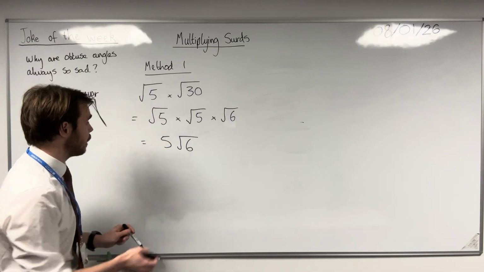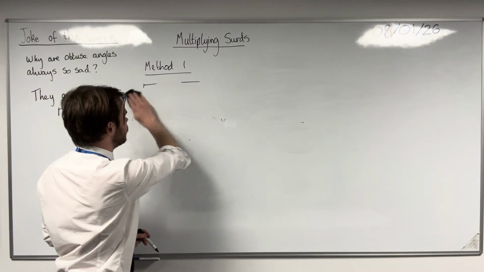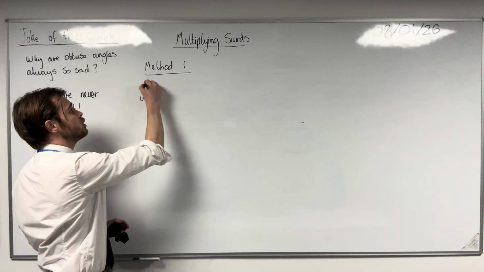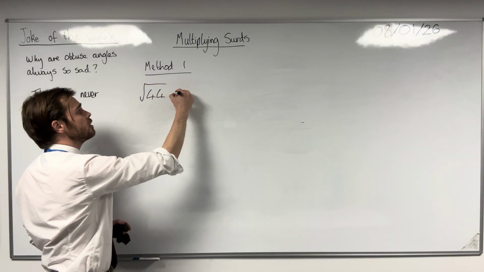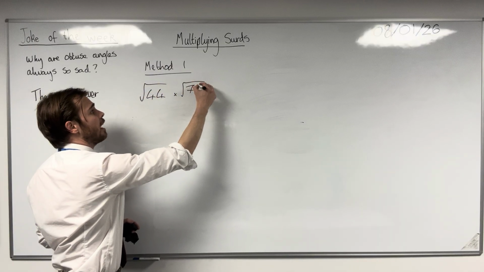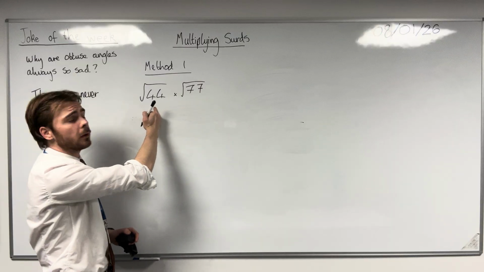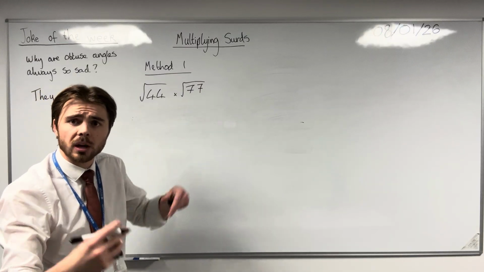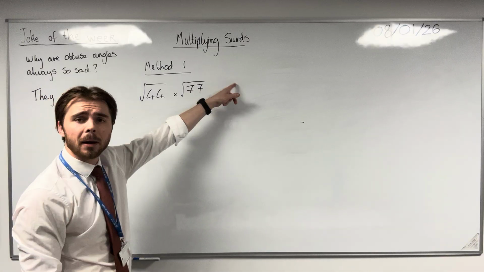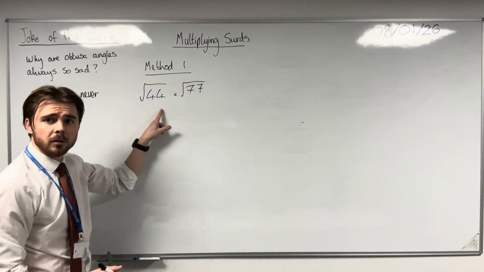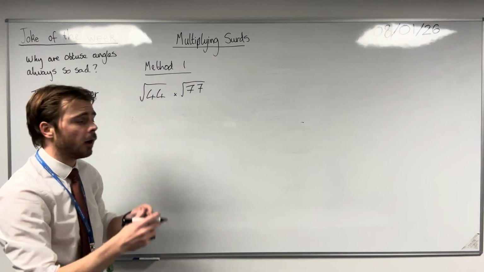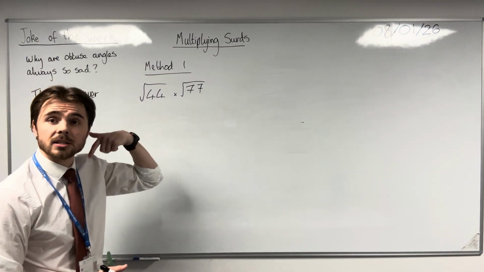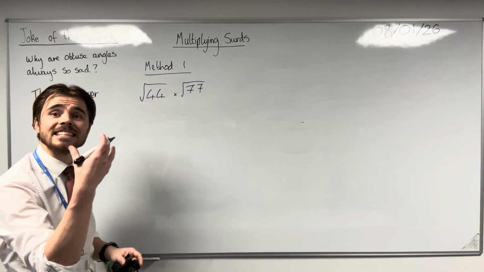Okay, on to the next one. This next one is the reason why this method is superior to the previous method, because I have root 44 multiplied by root 77. That is a horrific multiplication if you wanted to combine them with the backup method. This method is better because I can pull these apart. Hopefully, if you spot 44 and 77, you can see that there's a number that goes into both of them. It is 11.